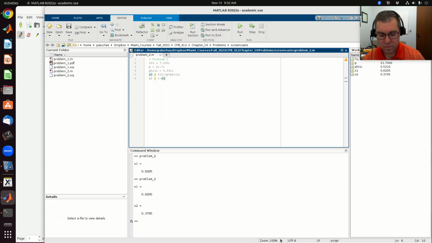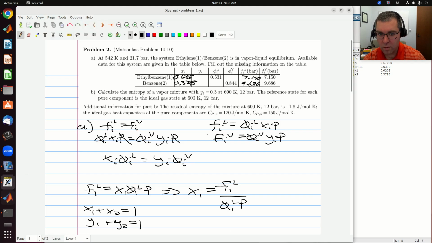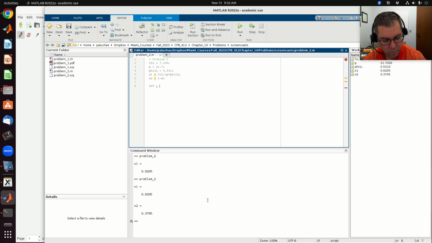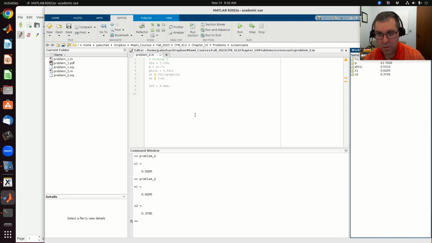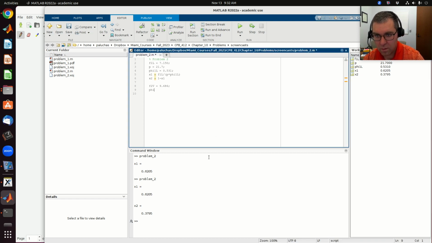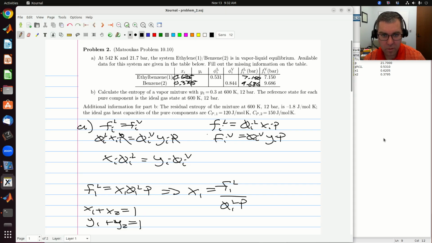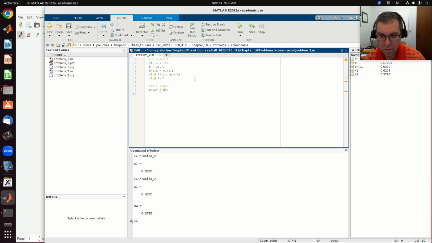So f2v is going to be equal to 9.686. Now I need phi2v, and that's going to be 0.844.